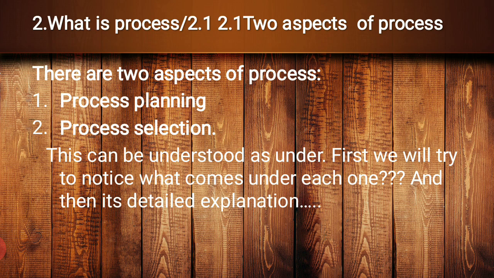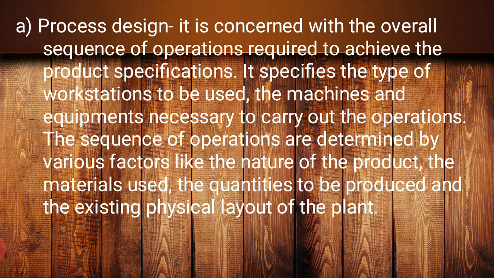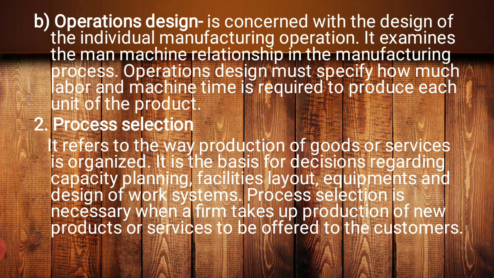Process planning can be further divided into process design and operations design. We have seen process design is a bigger, wider term. It includes everything related to the whole sequence of the manufacturing, whereas operation design tells you about each stage and the man and machine relationship, right? When we move on to the second major aspect, that is process selection, we are coming to the main area of our topic, the main area of our chapter. It refers to the way the production of goods or services is organized.